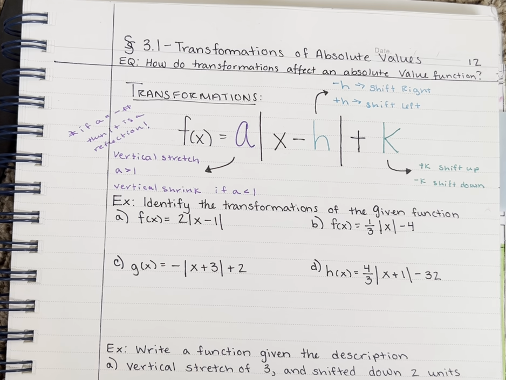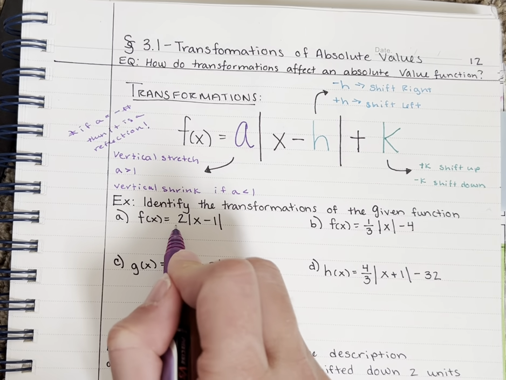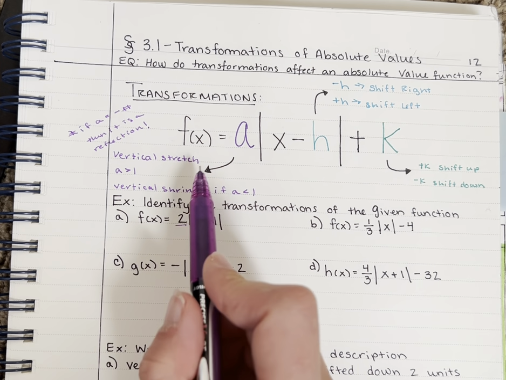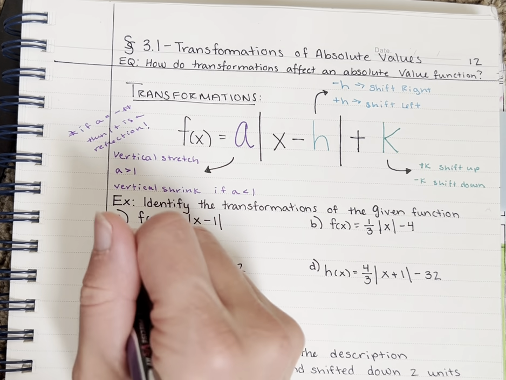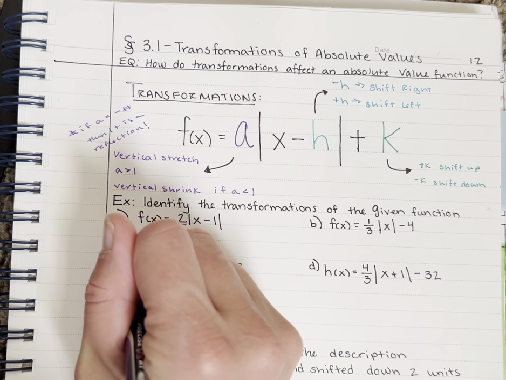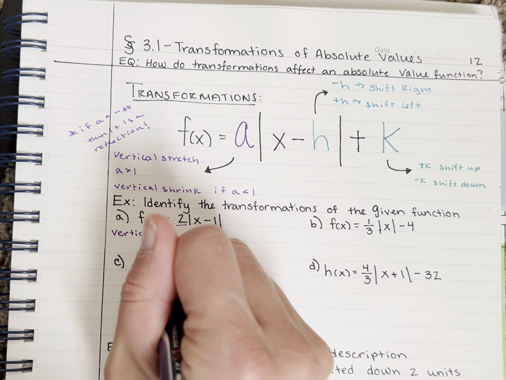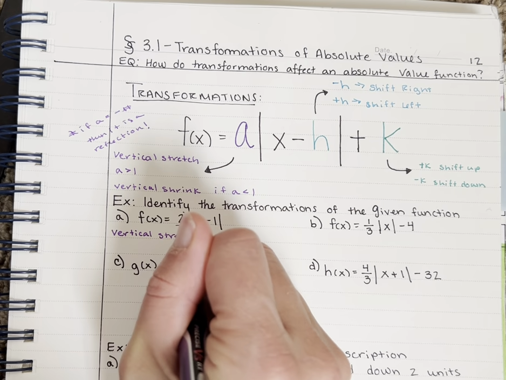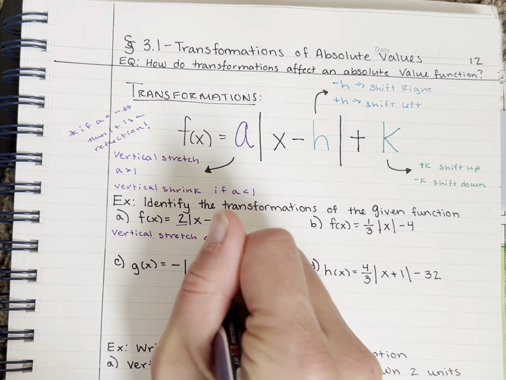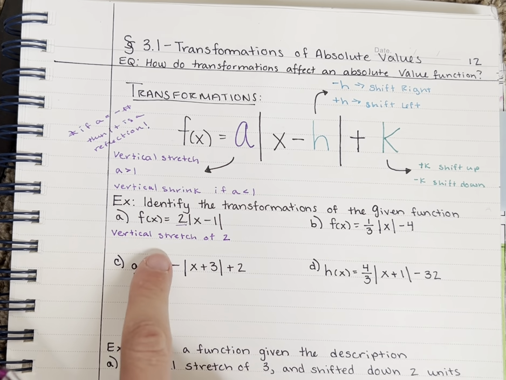Okay? So in this first example, I'm going to identify the transformations of the given function. I'm really just looking and saying, what does each number mean? So I have a 2, and 2 represents A, so that means it's going to be a vertical stretch of 2. As I go down, it looks like I have an H value.